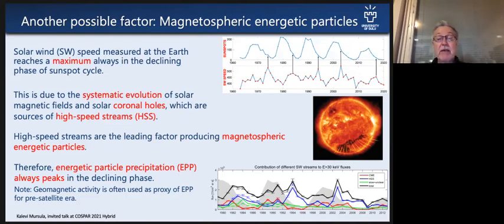EPP particles are mainly produced by high-speed solar wind stream interaction with the magnetosphere. Both high-speed streams and the EPP particles naturally maximize in the declining phase because of the systematic evolution of solar magnetic fields and solar coronal holes, which produce the high-speed streams.